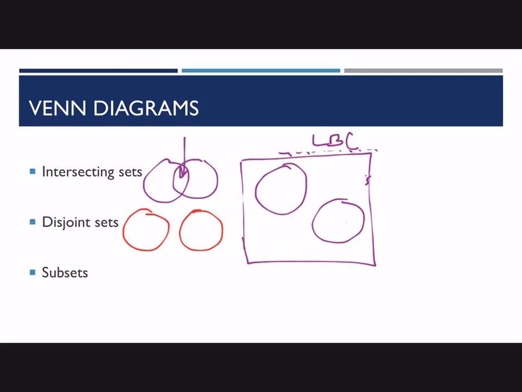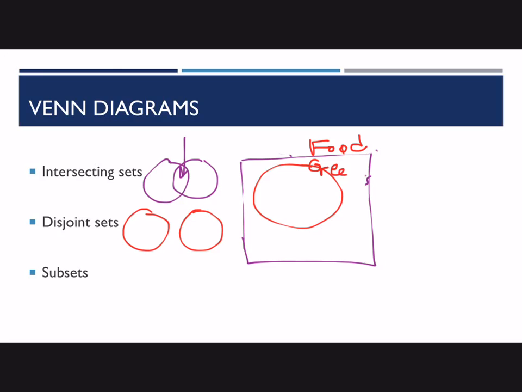Another type of relationship would be if there's a set inside of a set, like a smaller category. Let's say we're talking about food. That could be our larger context, and maybe we have a set of green food.